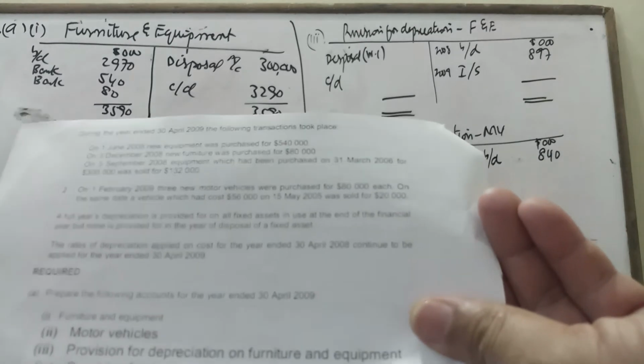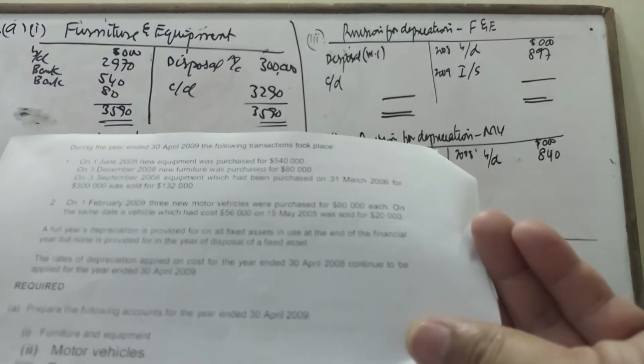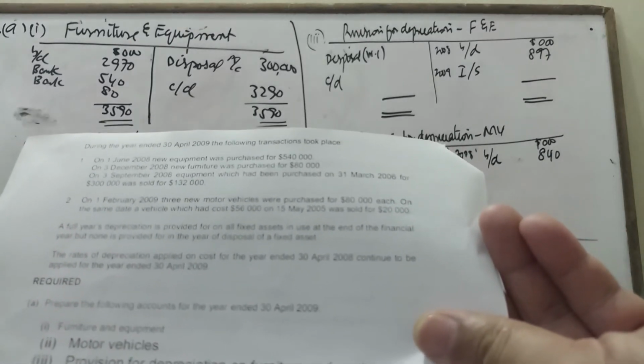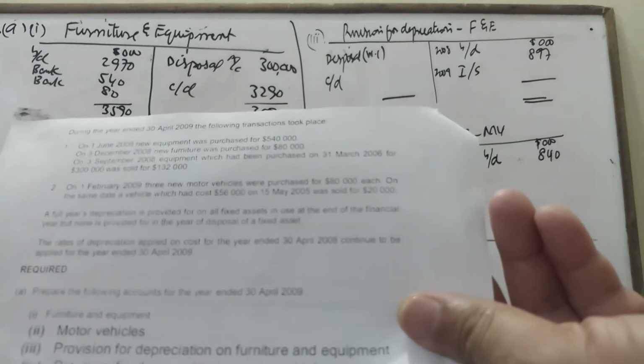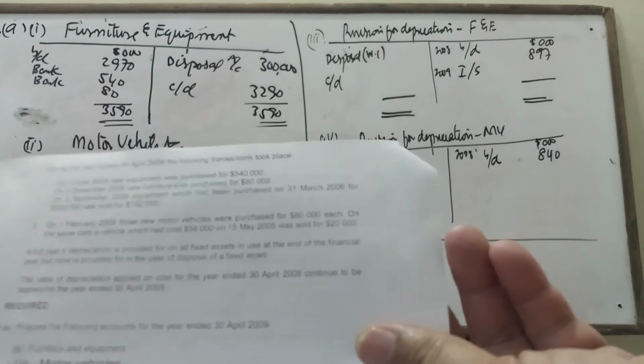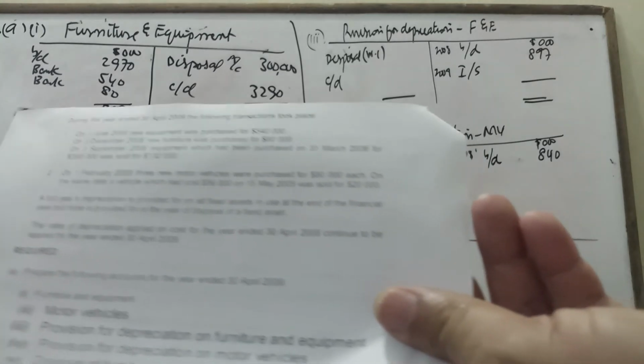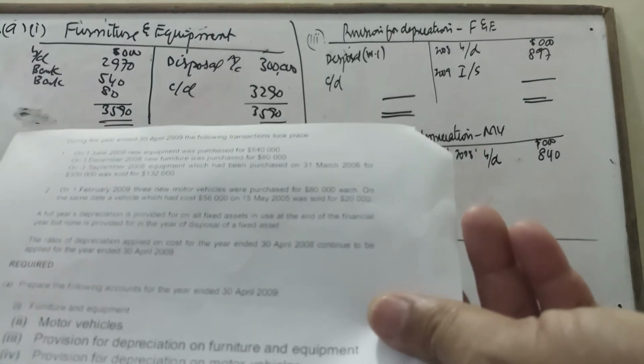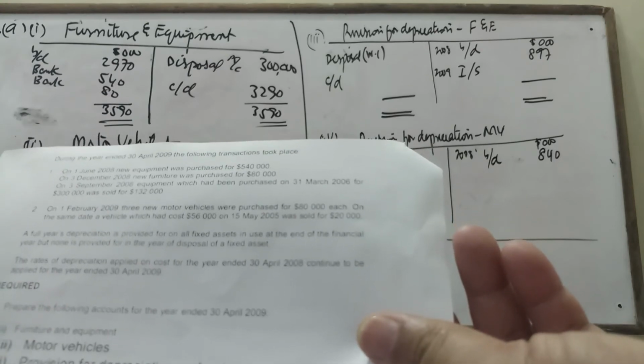On 3rd September 2008, the equipment which had been purchased on 31st March 2006 for 300,000 was sold for 132,000.